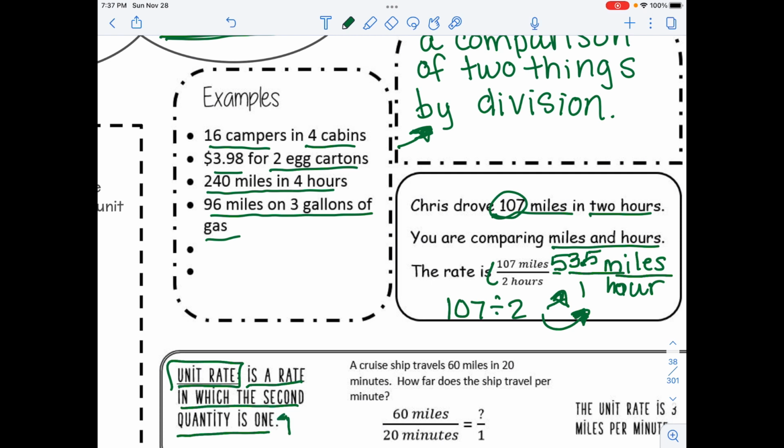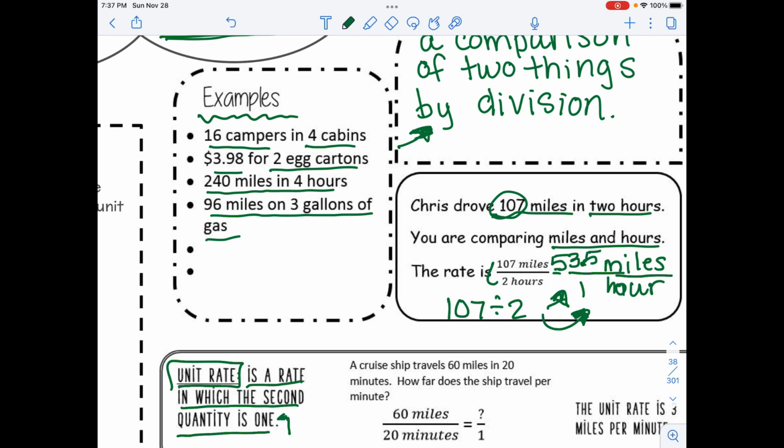Okay, so examples right here. If we had 16 campers in 4 cabins, that comparison by division would be how many campers are in each cabin.